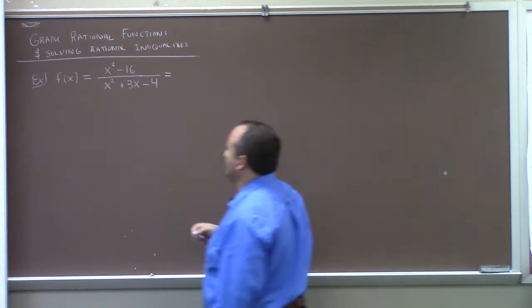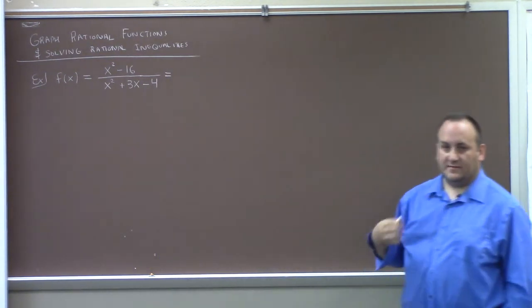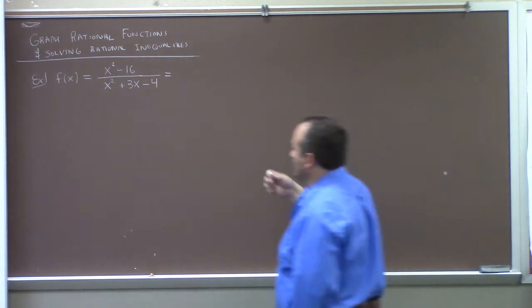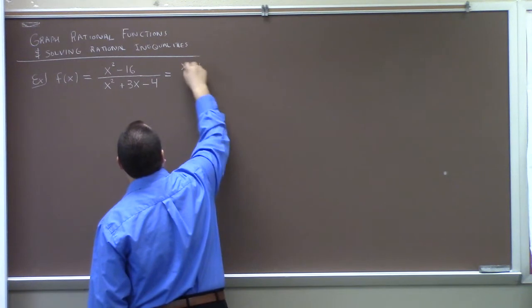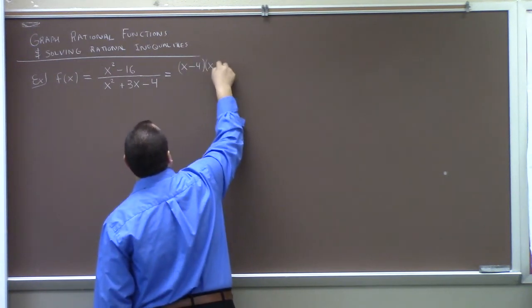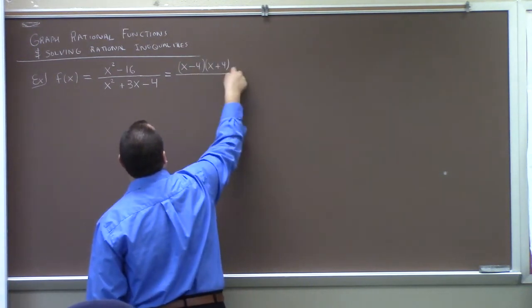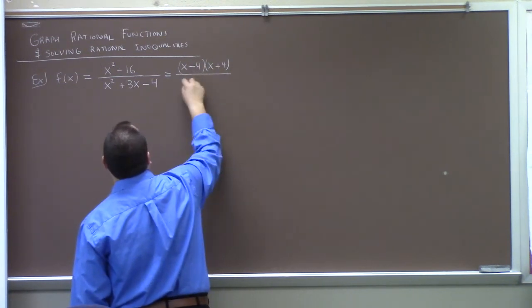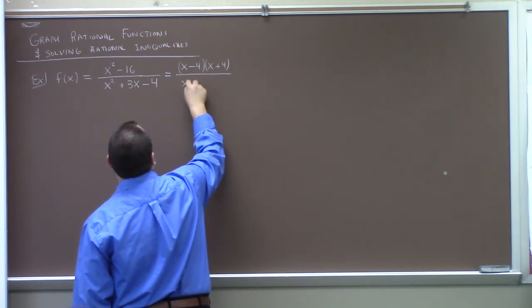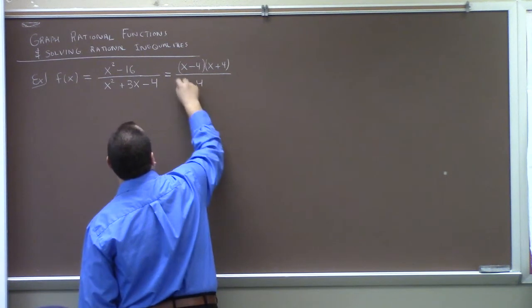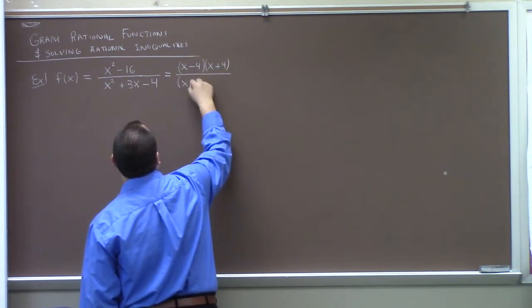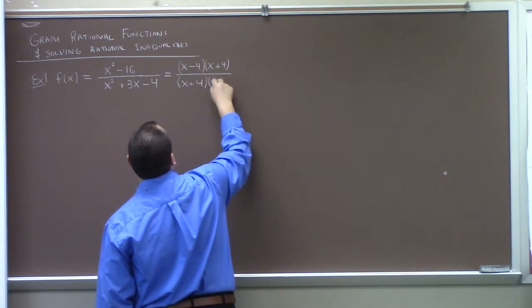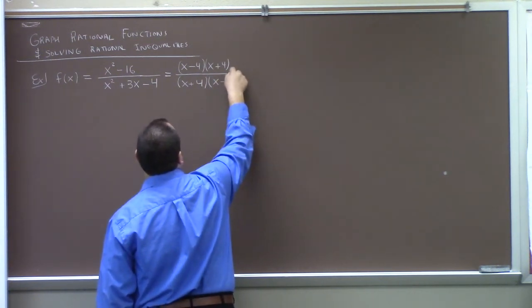I think the first thing I would do would be try to factor it and see if there's any kind of simplifications that go on here, right? So we've got x minus 4 times x plus 4. And downstairs rather, we've got x plus 4 times x minus 1, right? Does that work?